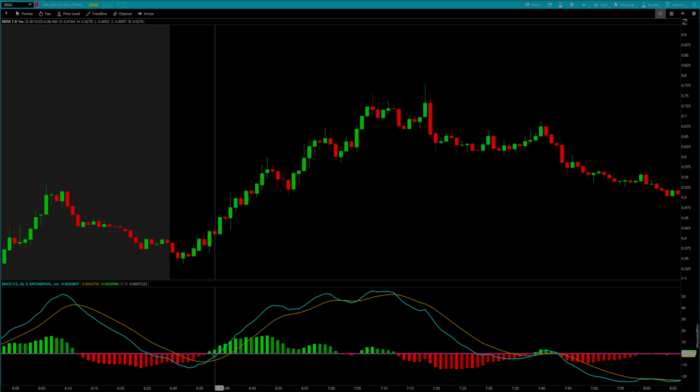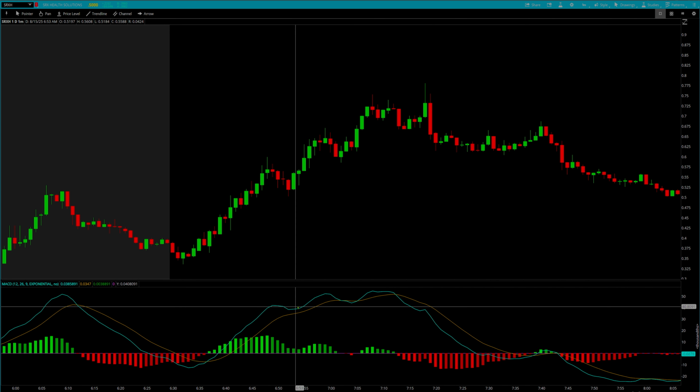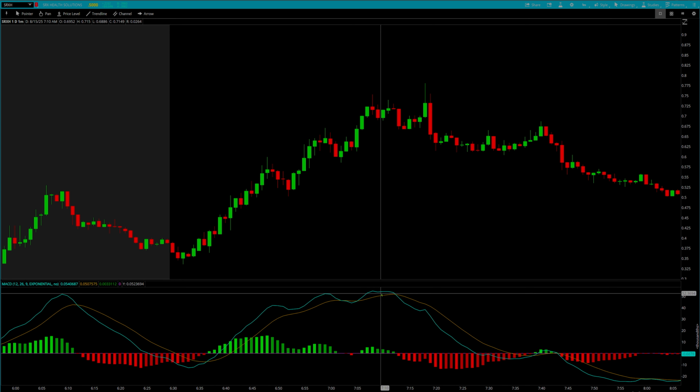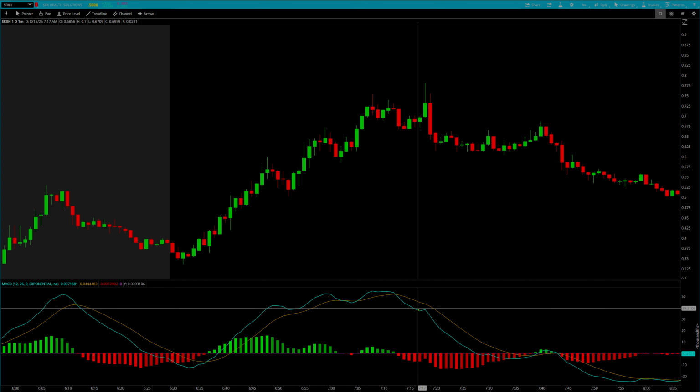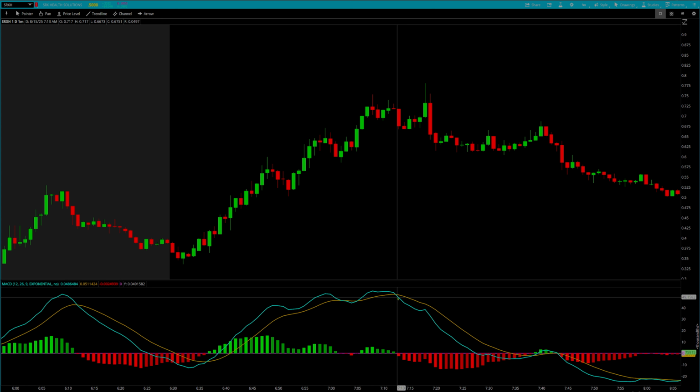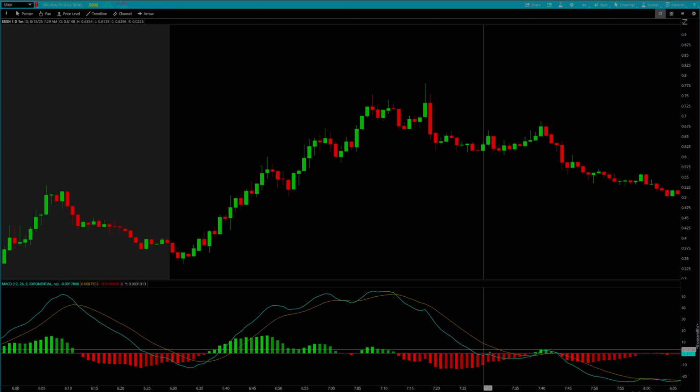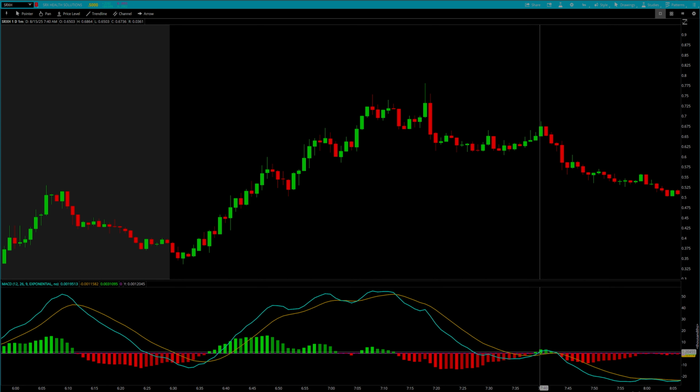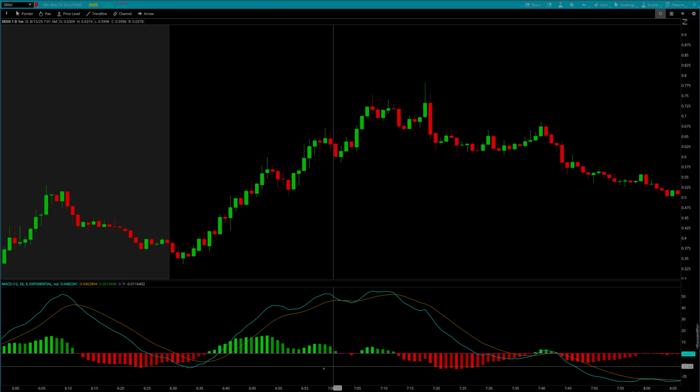So you want to be alert to these crossovers. See, the MACD stays up, sinks a little bit, stays up, and then on here, it crosses underneath the signal line. There's a fake out here, but then it continues down south.